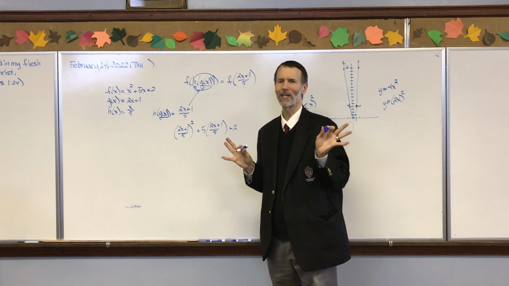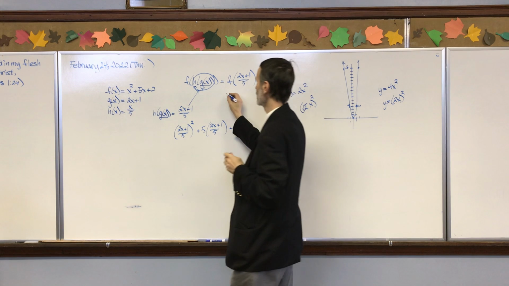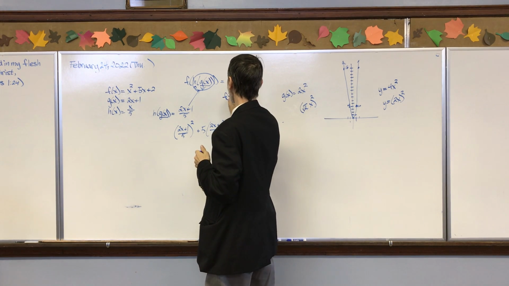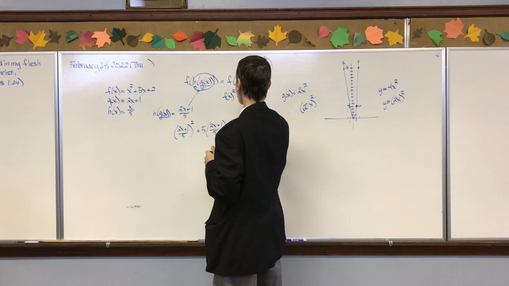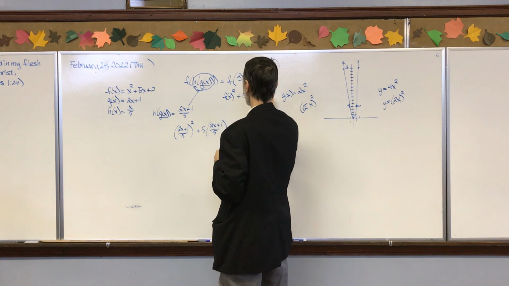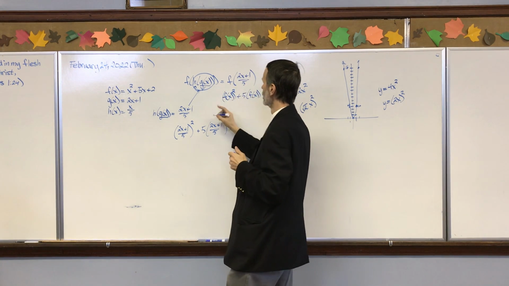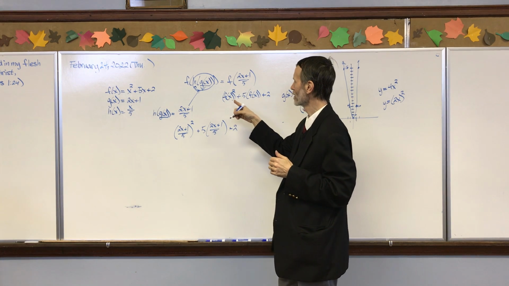Did we see it visually where we got that? This is basically f of x squared plus 5 times f of x plus 2. That make sense?